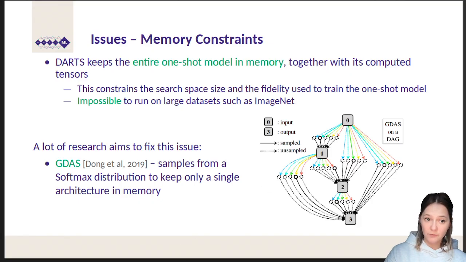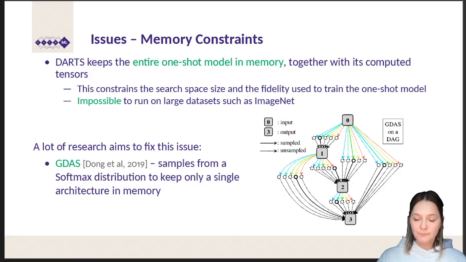A single operation is used in each training step, while maintaining differentiability, since we have a softmax distribution here. Therefore we only look at one single architecture at each batch, so the memory is not an issue anymore.